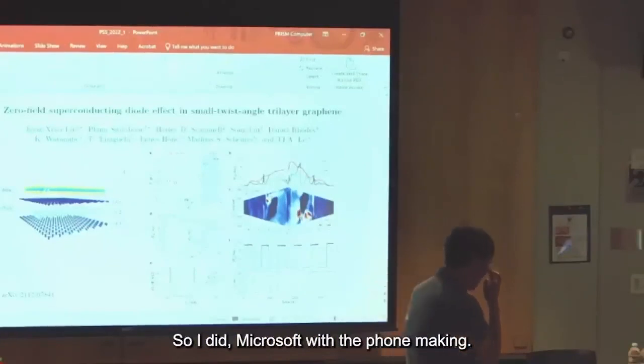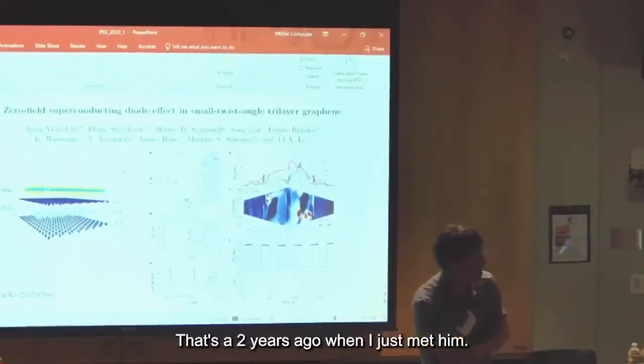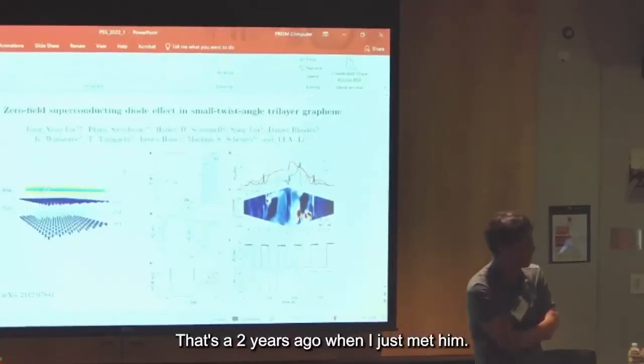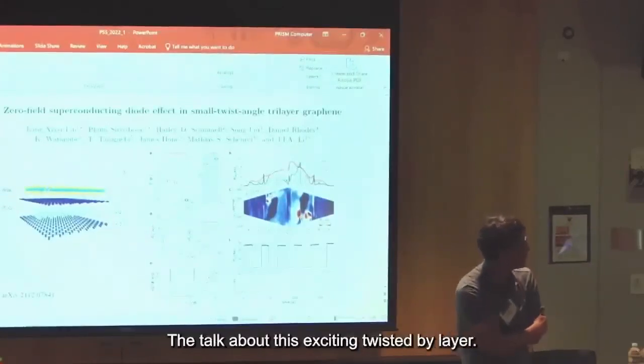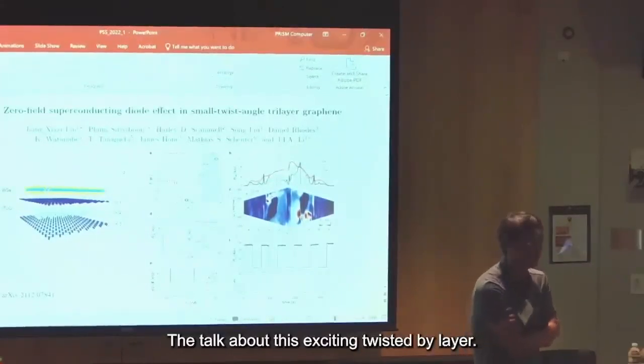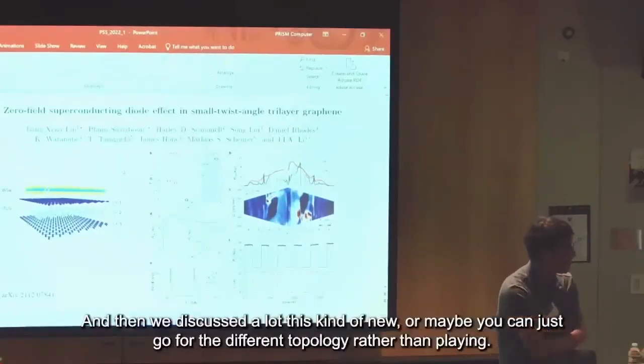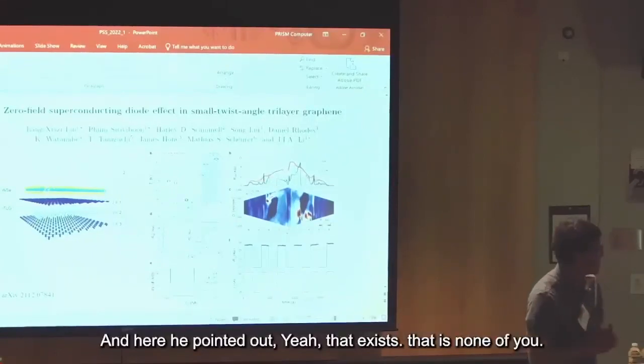Indeed, I did my postdoc with Paul McEuen, and when I just met him two years ago, we talked about this exciting twisted bilayer. We discussed maybe going for a different topology rather than a plane, and he pointed out, yeah, that exists.